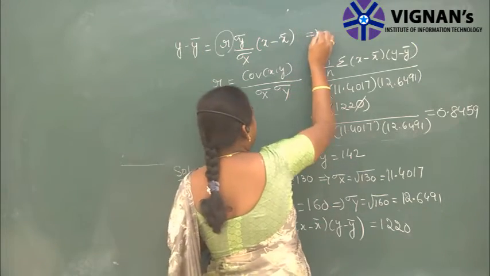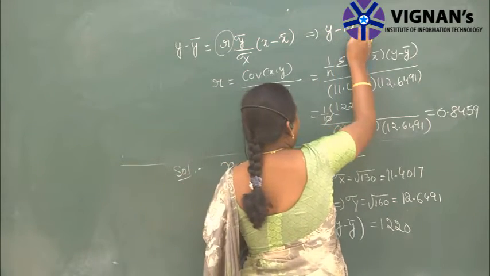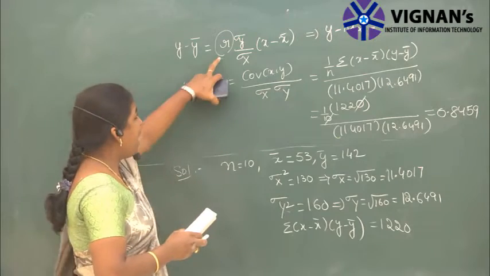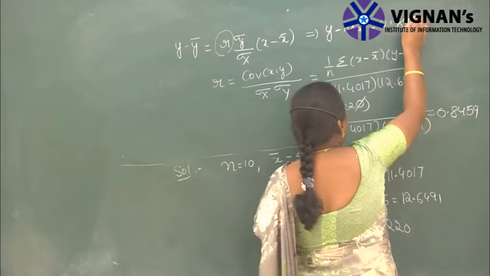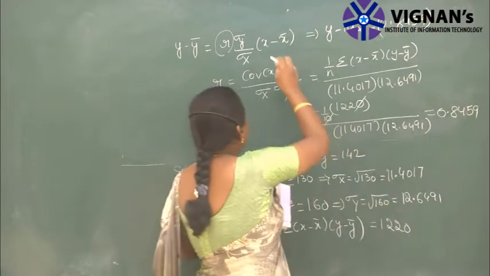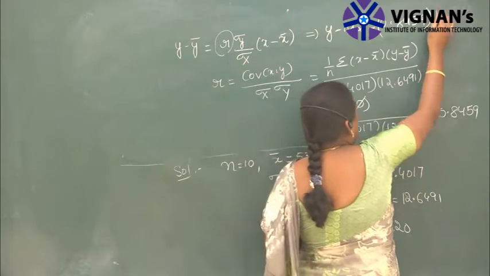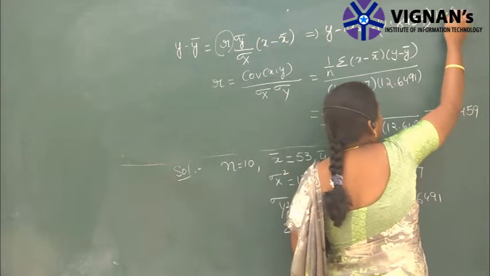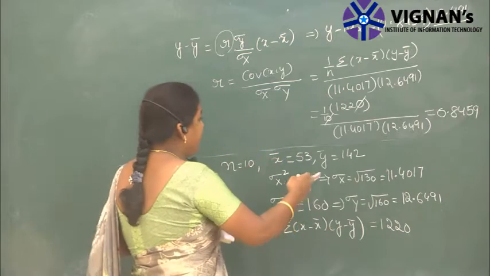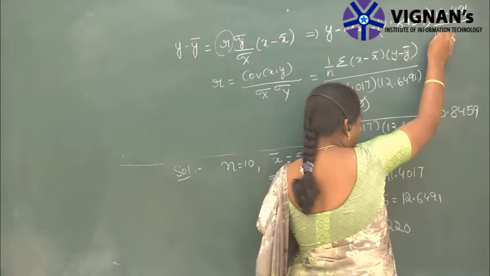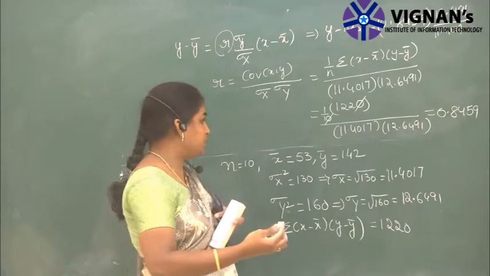So y minus y bar, where y bar is given as 142, is equal to r, which is 0.8459, into sigma y by sigma x. Sigma y is 12.6491 and sigma x is 11.4017, into x minus x bar.